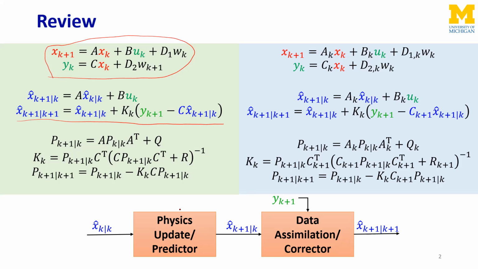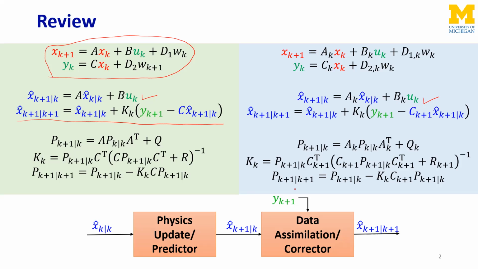This block diagram shows what's happening in a filter. Filtering, like I discussed, is a two-step process. In the first step, we have a physics update shown here. This step basically takes a copy of the physics or the dynamics of the system and produces the prior estimate of the state at step k+1, which we denote as x hat k+1 given k.